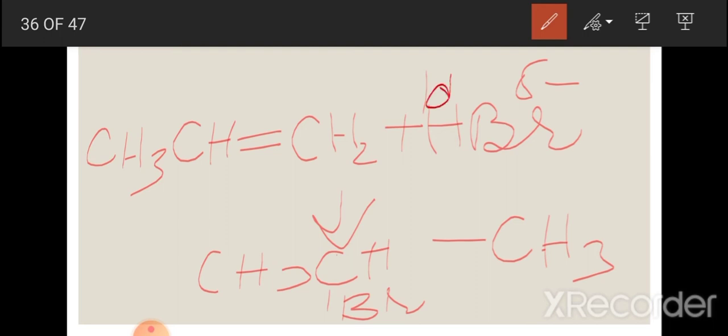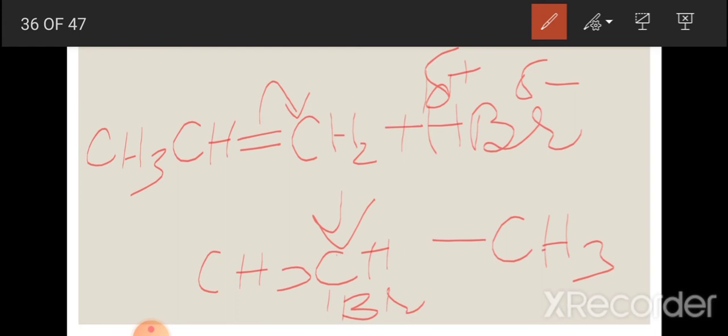H will be delta positive. When we see the mechanism of this reaction, alkyl groups are electron donating. Pi electrons are transferred in the direction of the arrow.